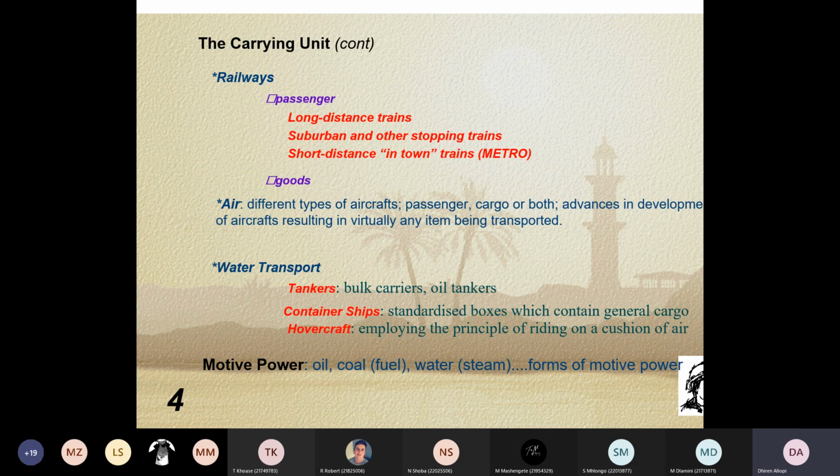So with railways, then you have passenger and goods. With passenger, it could be split into long distance trains, and your suburban or short distance in towns, like your metro networks. And I think I mentioned to you in places like Europe or London, central London, you have the underground rail network. You don't need a motor car. You get onto it and it's very user friendly.